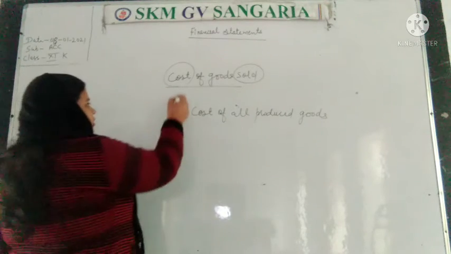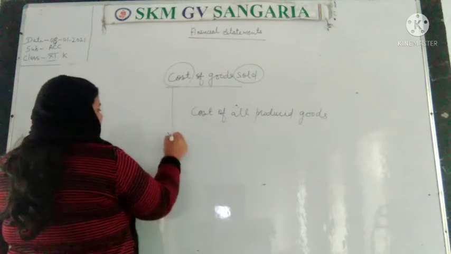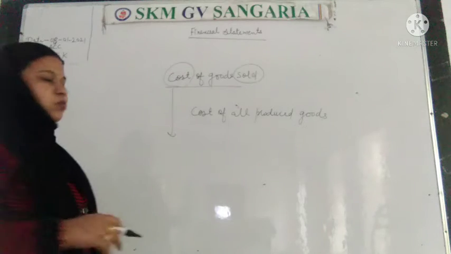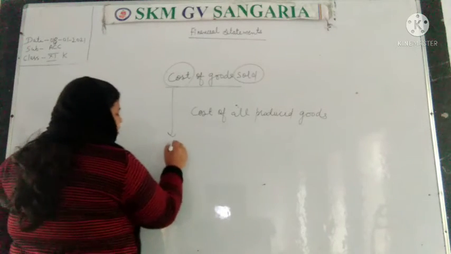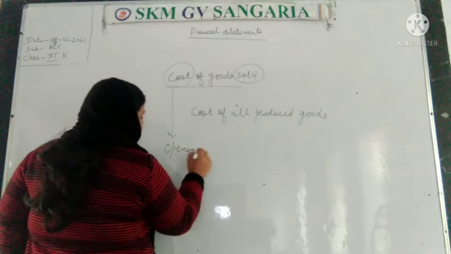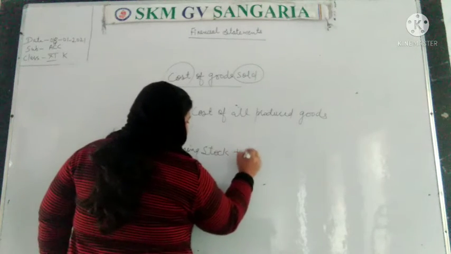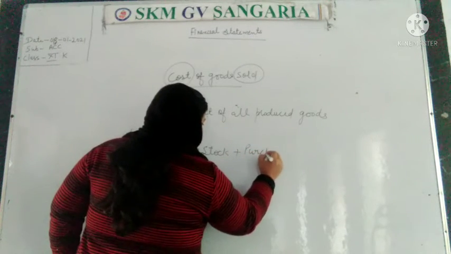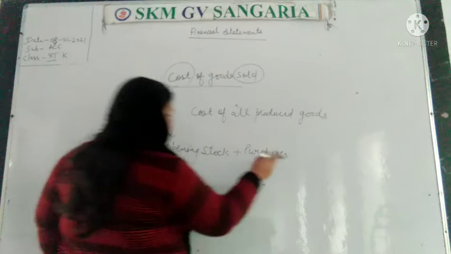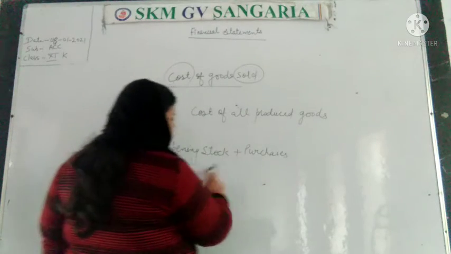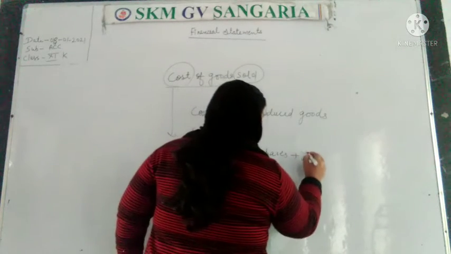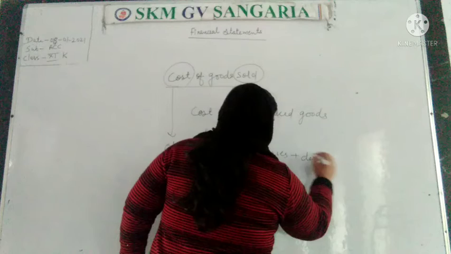Okay, so what is cost of goods sold? To calculate the cost of goods sold, which formula will we use? Opening stock plus purchases. Here we can say net purchases.